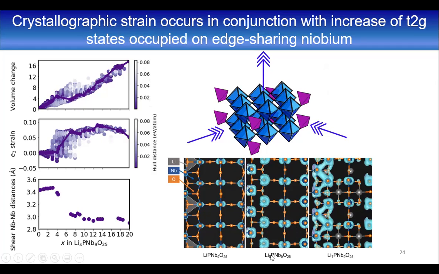It's not until we get to higher compositions that we get charge density on these edge sharing sites. And the charge density here, as you increase composition, allows for metal-metal bonding between these edge sharing sites.